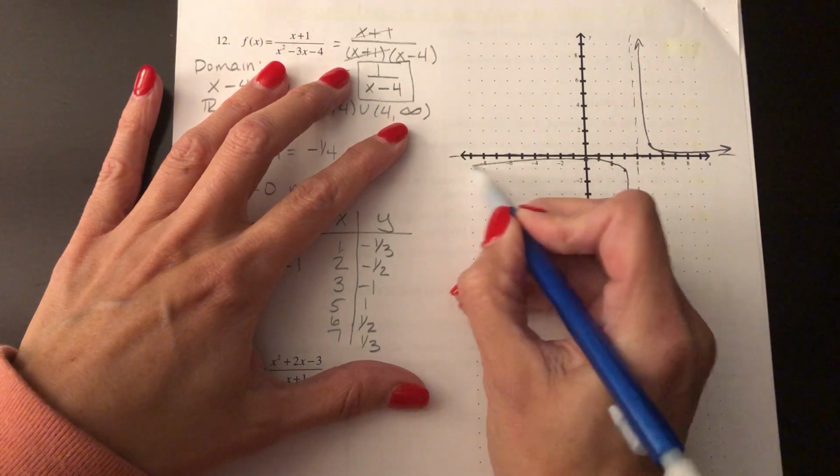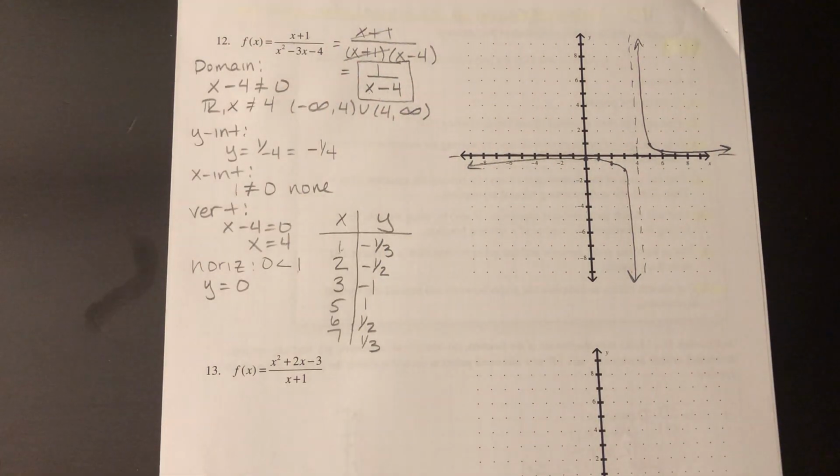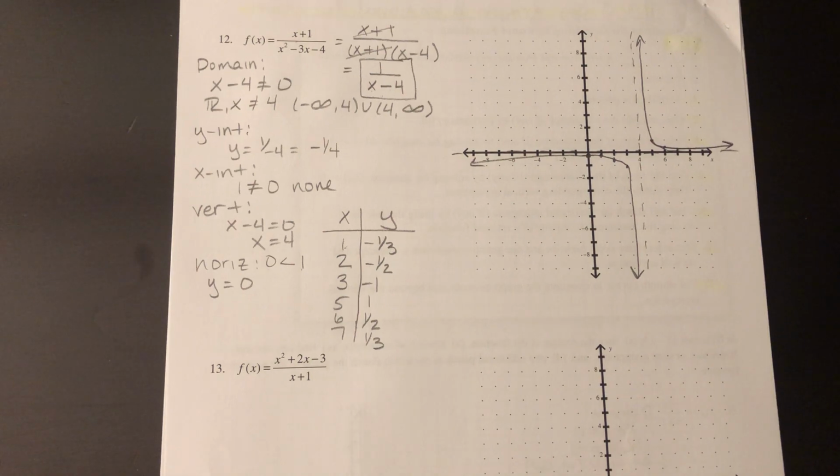So it gets closer and closer to the asymptote, but never touches it. All right. Let's check your 13 here.